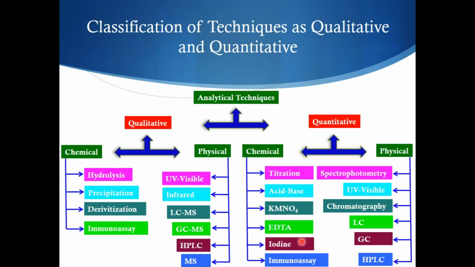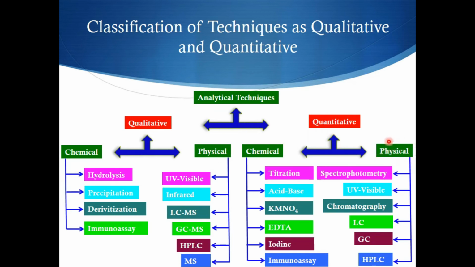Iodine, as you know, iodometric titrations and iodimetric titrations, and amino acids. Actually we have to design a protocol in order to perform these chemical analyses for the determination of the quantity of a specific substance present in the sample.